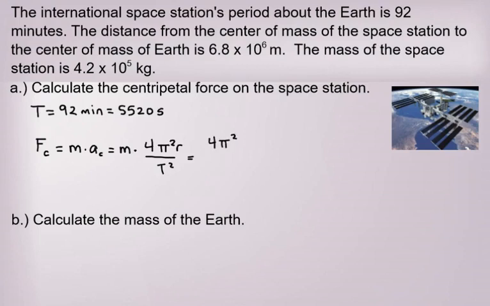So I'll do 4 pi squared times the distance between the International Space Station and the center of the Earth, which is going to be 6.8 times 10 to the 6th meters. And then I will divide that by the period, 5,520 seconds squared. And I find that the centripetal force, based on the speed of the space station, is approximately 3.7 times 10 to the 6th newtons.